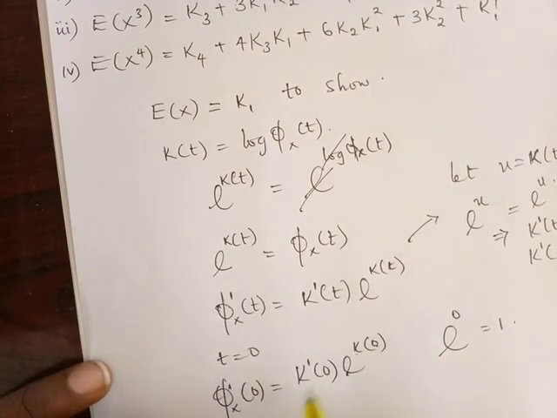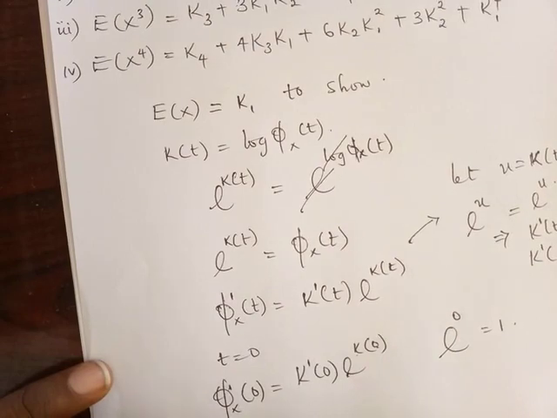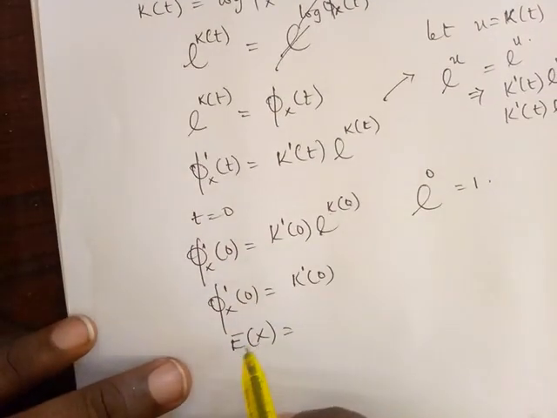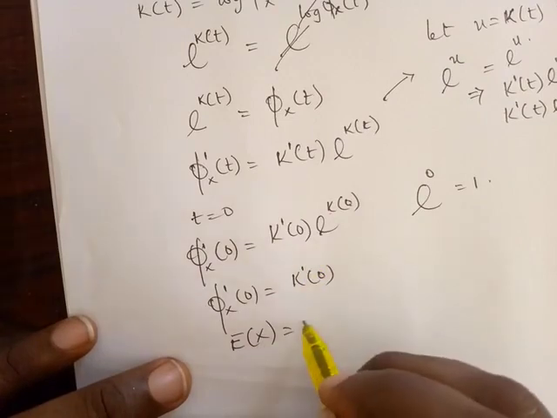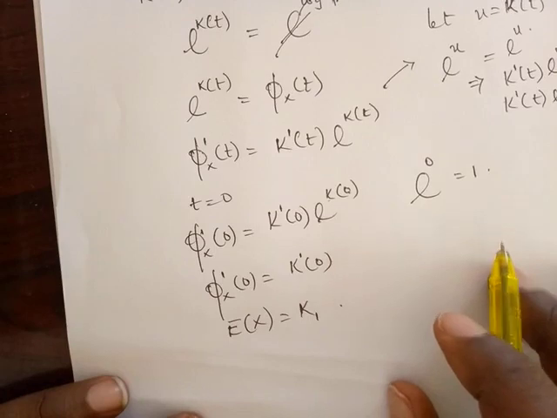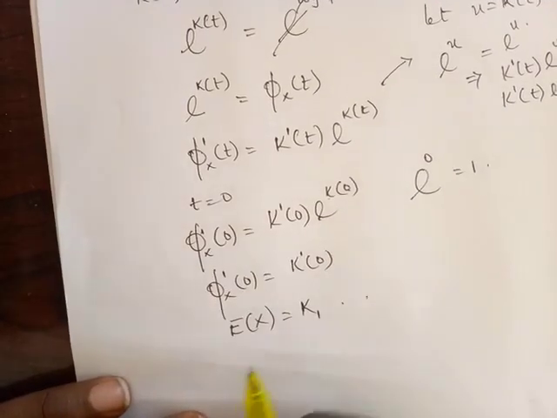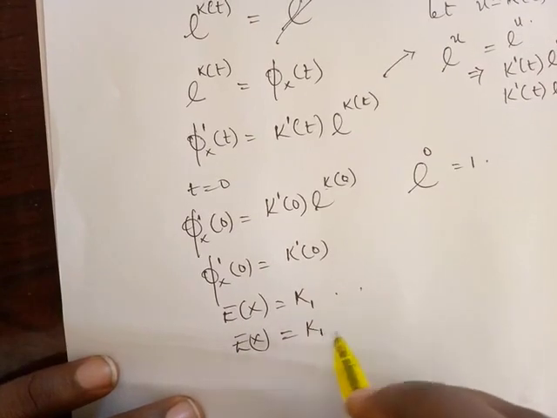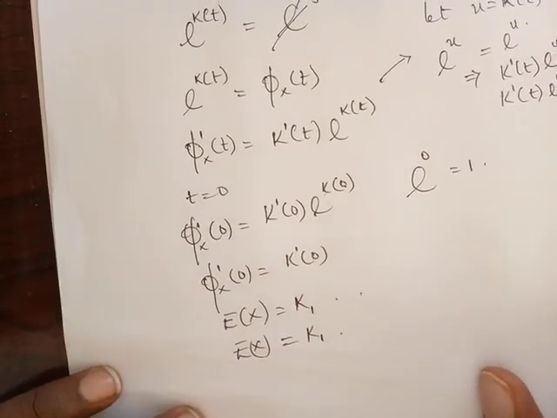So 1 times this, we have K prime of 0. This is equal to the expectation of X, and this is equal to the first cumulant. So this goes to show that expectation of X is equal to k1. So that is the first one.